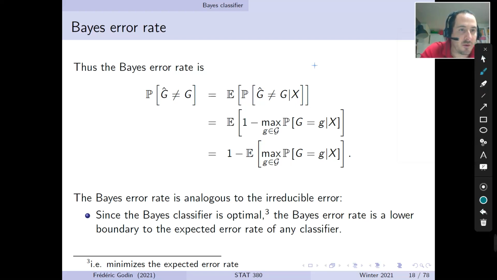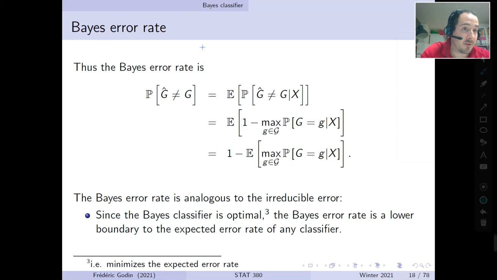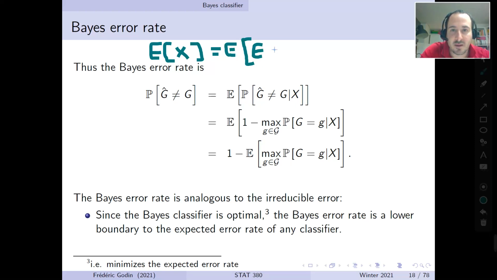For those who aren't familiar with that result, you probably should have seen it in a probability class, but if you forgot it, we have one result which says that for any random variables x and y that are integrable, the expectation of x is the unconditional expectation of the conditional expectation of x given y.